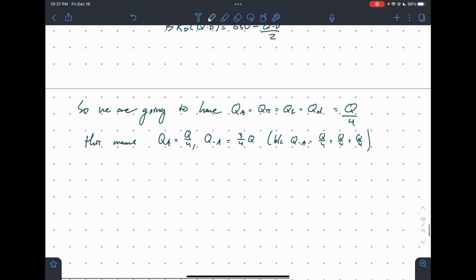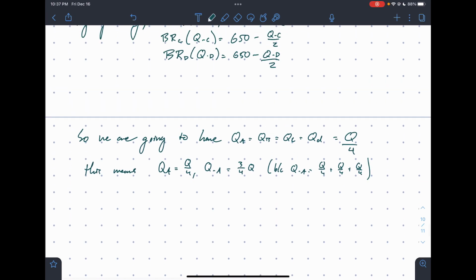Okay, so what I'm going to do is solve for the function of Q which makes this firm A's best response.